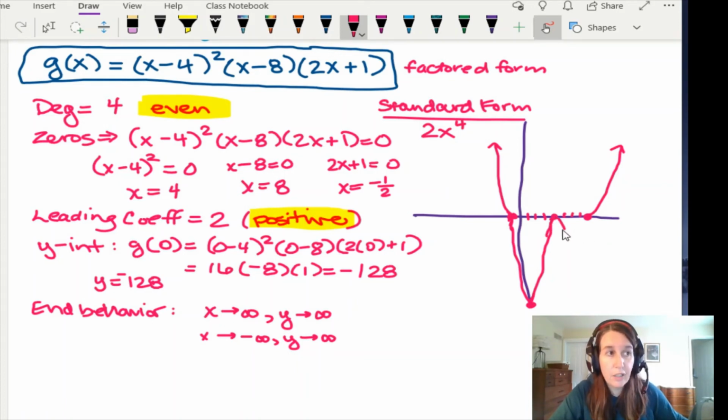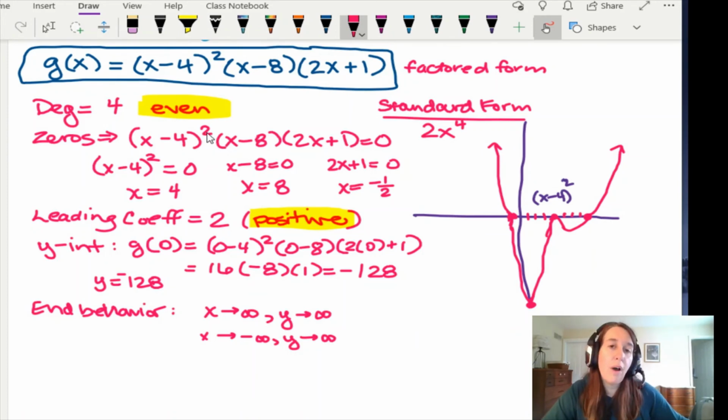And that's because of the multiplicity of that 0. So x minus 4 squared has what's called an even multiplicity, okay? And it's the x minus 4 squared term that's causing it not to just pass through, but to turn and go back down. All right, now when it goes over here, it just goes right through there.